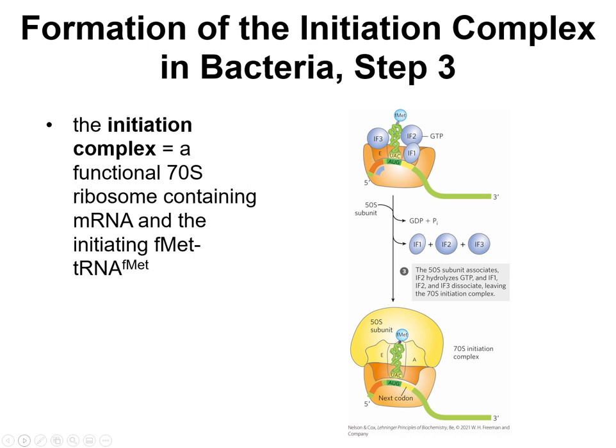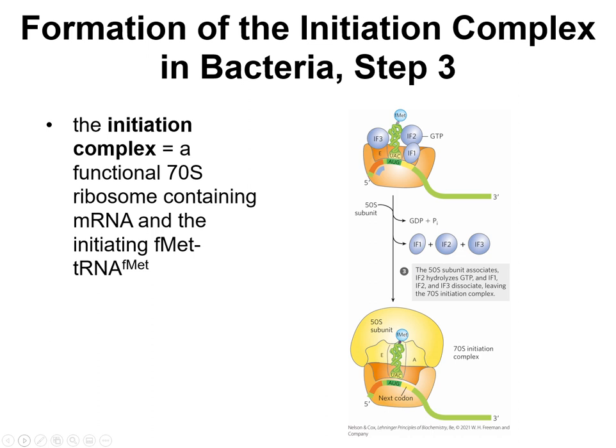So you can see how already we've used a lot of energy. We've used energy to charge all of our tRNAs with amino acids. We've used energy to recruit the starting methionine to the correct location.